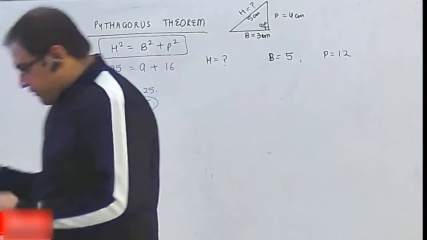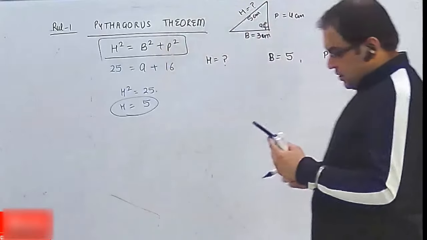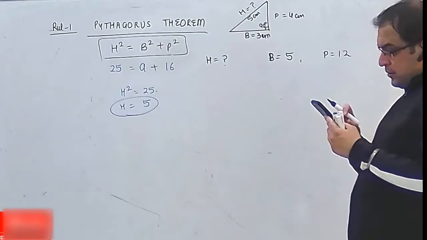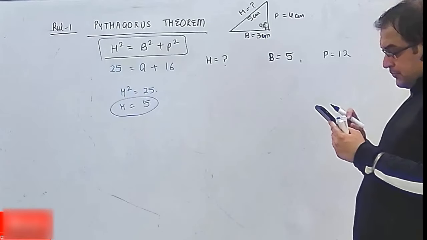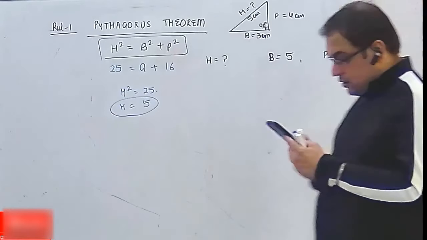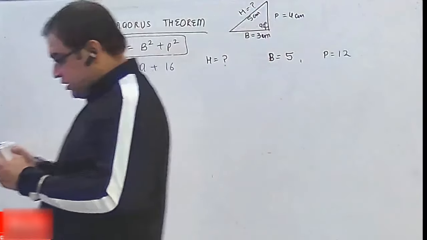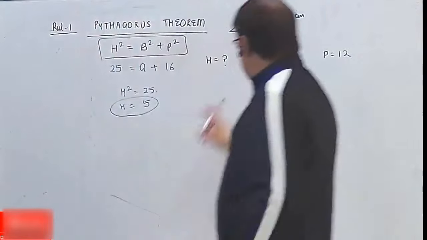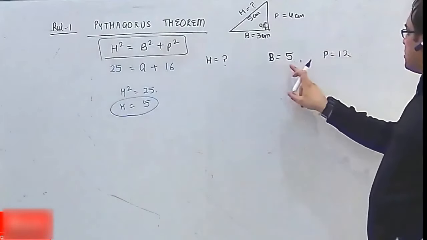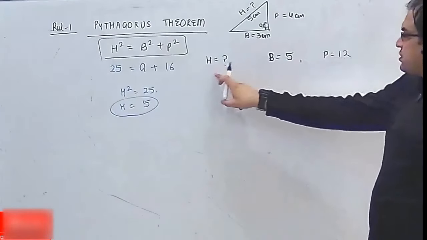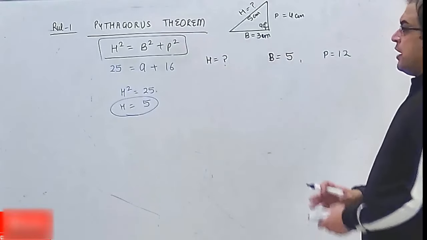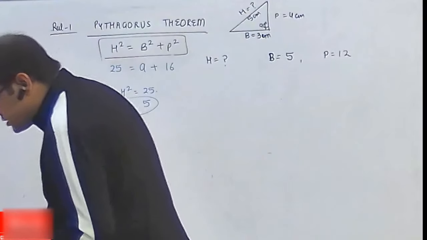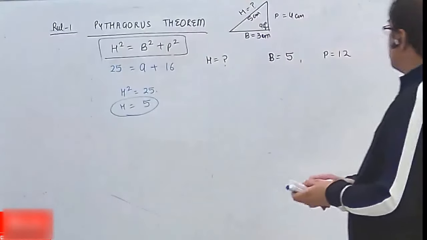Okay, Kavita, Jyoti, 5 is right, definitely this is the right answer. Very good. Ankush, are you there? Ankush Gupta. If you are listening to me, Ankush, kindly give your comments in the comment box. And you need to find out the value here. If B is 5, P is 12, what is the value of hypotenuse? Write down in the comment section. Okay, Akshit says 13.